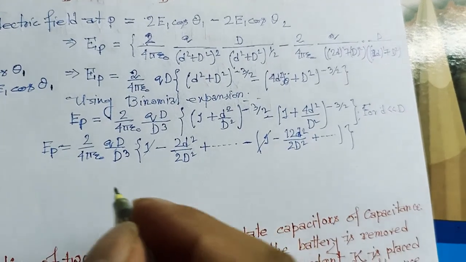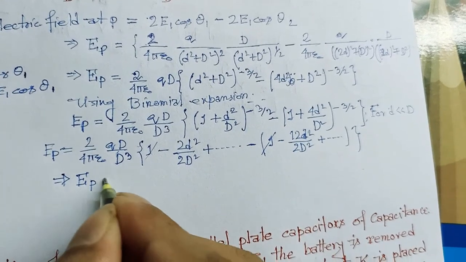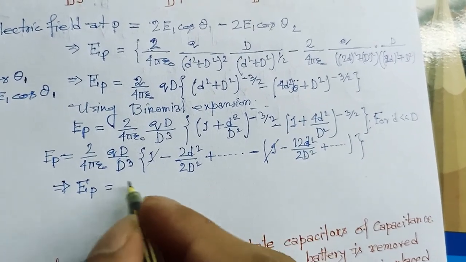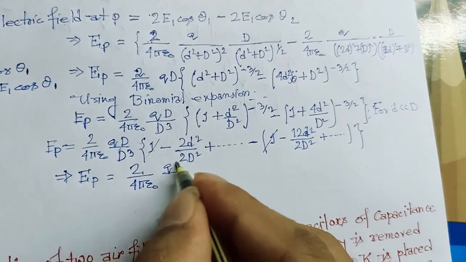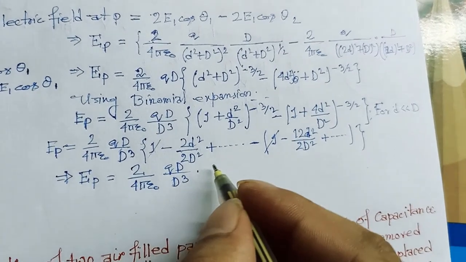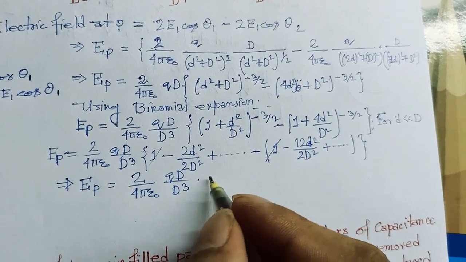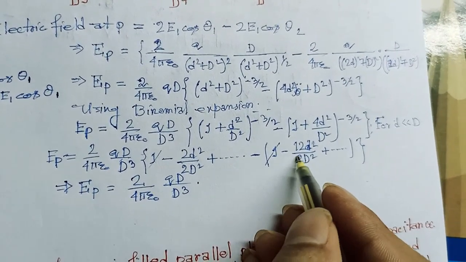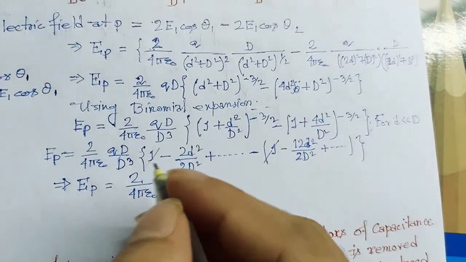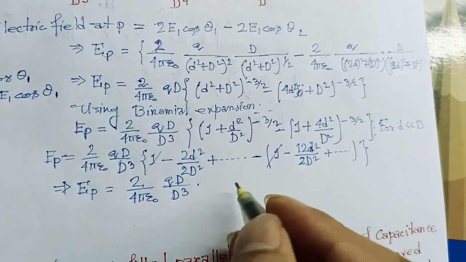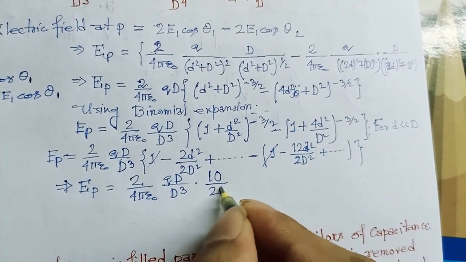So after cancelling, the electric field at point P will be equal to 2 divided by 4 pi epsilon naught into Q d divided by D cube multiplied by 12 and 3 divided by 2 d square.